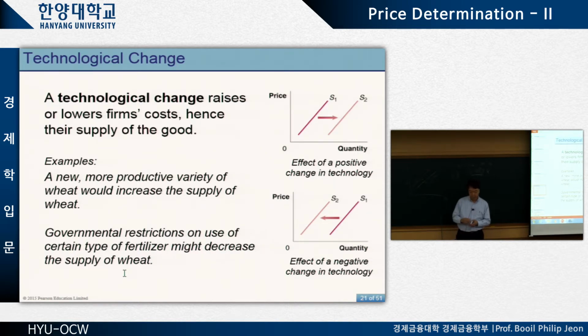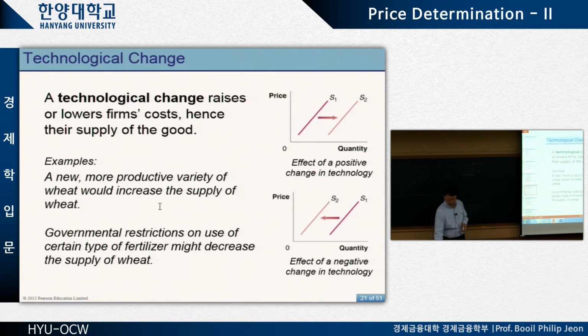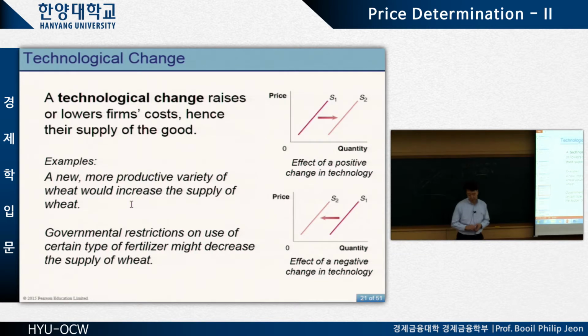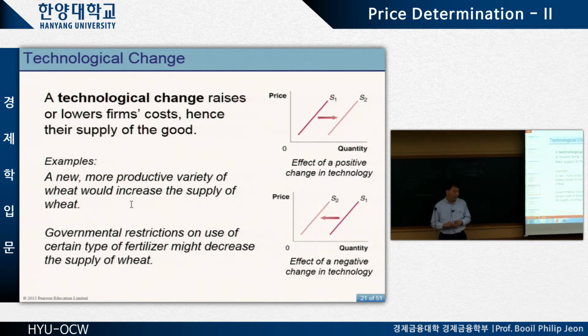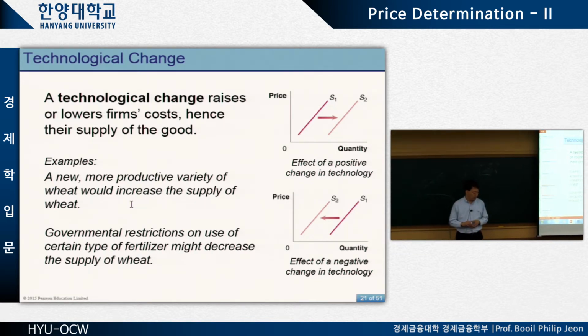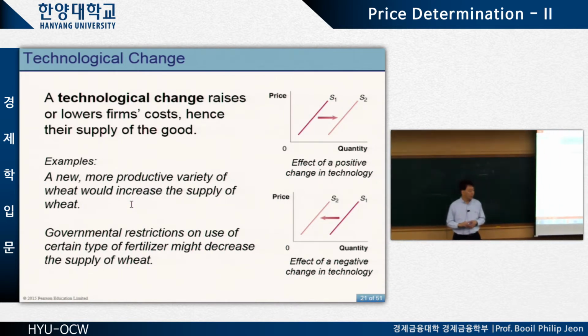Or in this example right here, a new, more productive variety of wheat would increase the supply of wheat, right? So I think we're talking about genetic engineering these days, right?